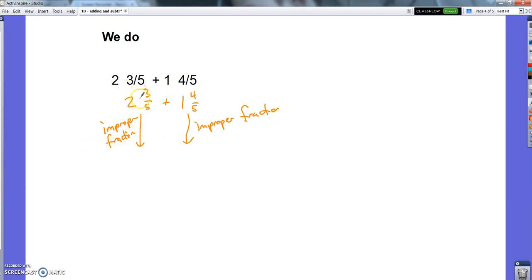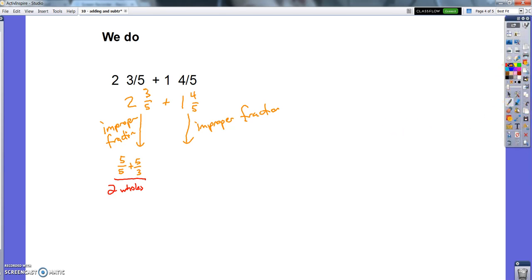Alright, and so I'm going to think of this. This is fifths, so I'm dealing with fifths. So over here, the 2, each one of those is 5/5. That's 1 whole plus 1 whole. If you want to even make a note of it. That's my 2 wholes. Plus another 3/5.